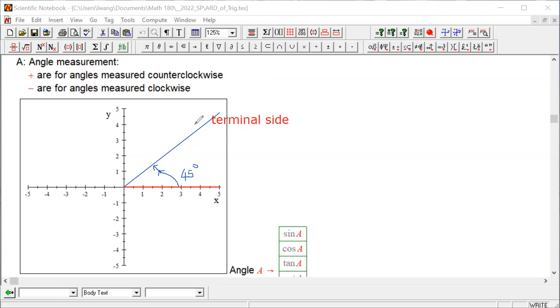Another way we measure, say we're going to measure clockwise. Suppose I'm measuring an angle clockwise, and this angle terminates right here.